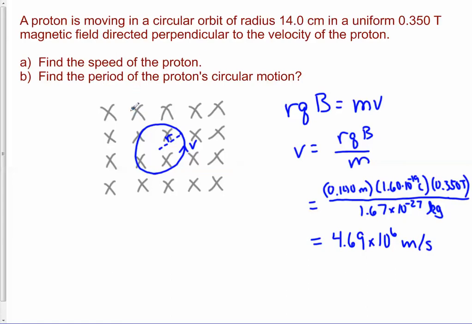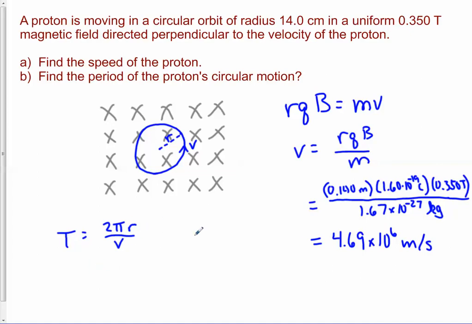Now, what's the period? So period is the time it takes to go around once. So period is 2 pi r over v. So we talked about this before with circular motion, but also it's not even like its own formula. You can just think of this as a constant speed problem. So this is how far, right? This is the circumference of a circle. One time around the circle, so that's distance divided by speed gives you time. That's all this is.